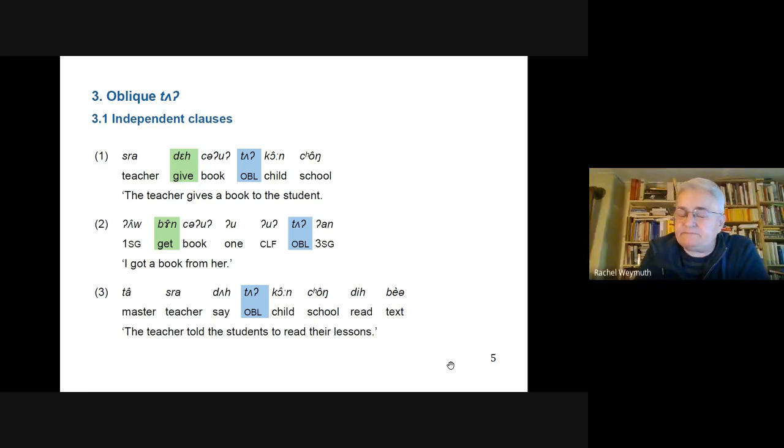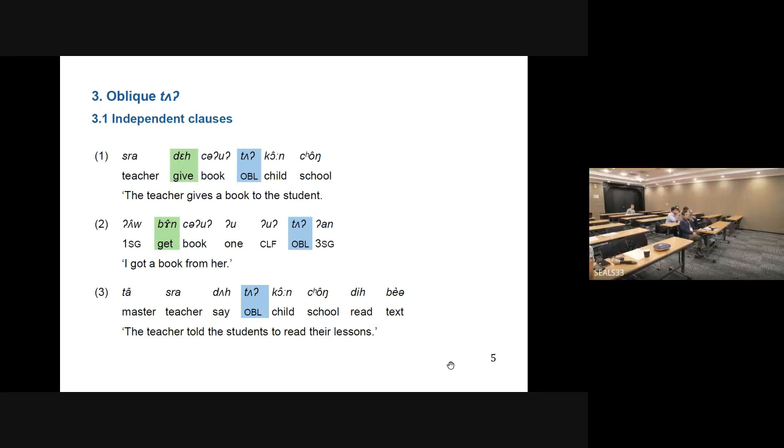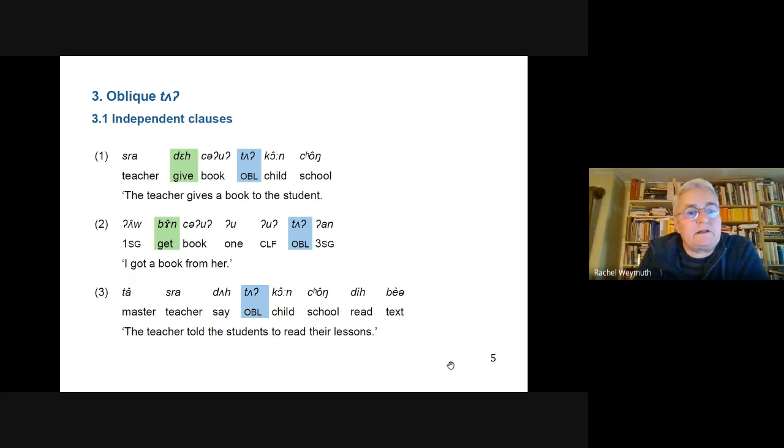Ta is not only used for the goal, but also for the source, so generally for the indirect object, like in example 2, I got the book from her. Then in number 3, we have the teacher says to the student. That is also generally used after verbs of saying or speaking. So say, call, or tell are used with ta.